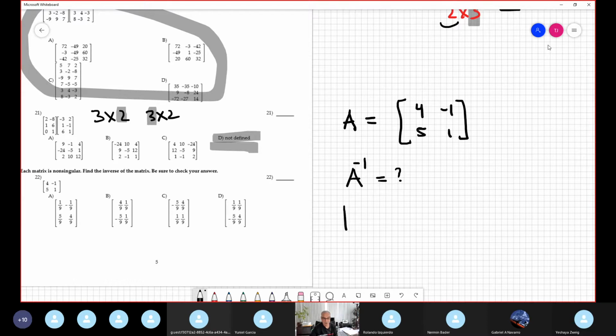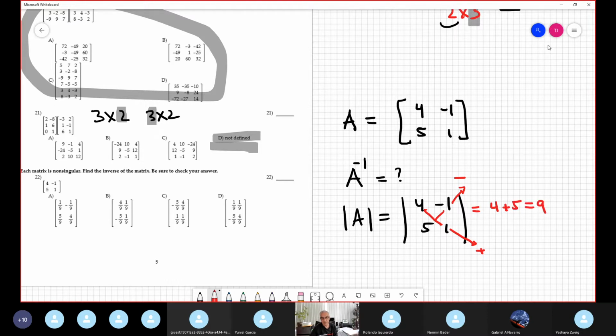First of all, you determine the determinant. 4, -1, 5, 1. A multiplication: 4 times 1, and this one affected by an extra negative. So it is obvious that 4 plus 5 is 9.